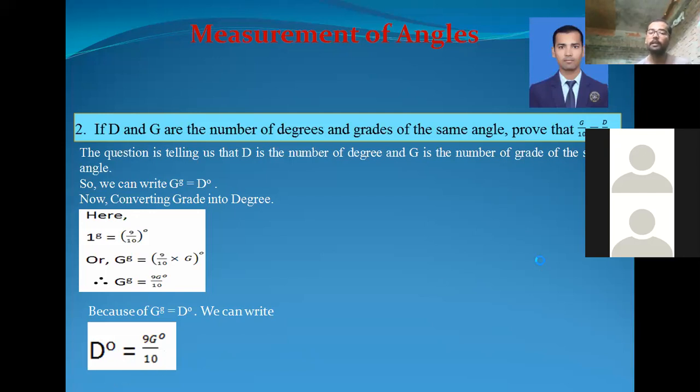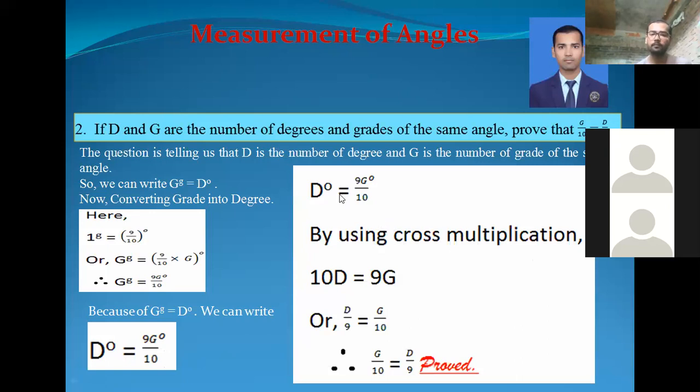Then we can solve it like this. D degree is equal to 9G by 10. Because there is degree on both sides, the degree should be cancelled, but we don't need to show it.